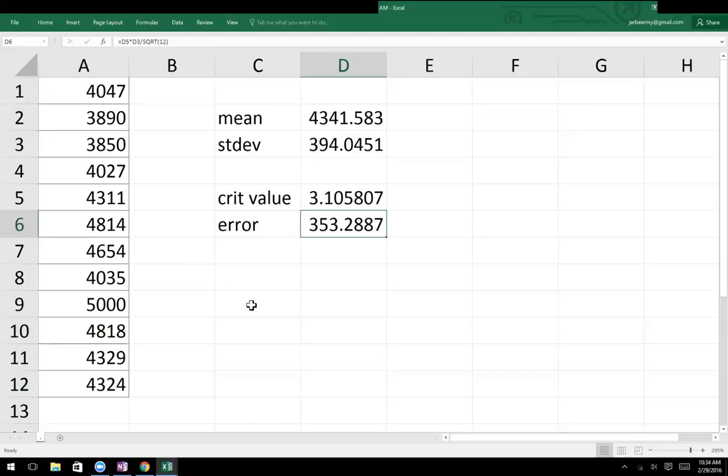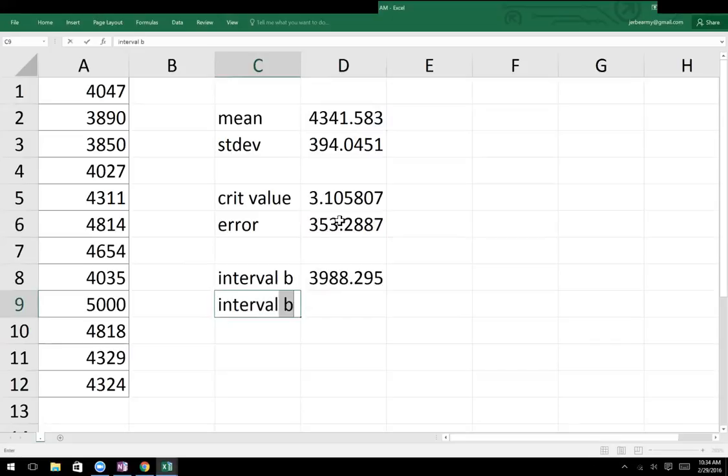So it's the 43 minus the error, 43 plus the error. So the interval. Bottom is the mean minus the error. The interval top is the mean plus. Okay.